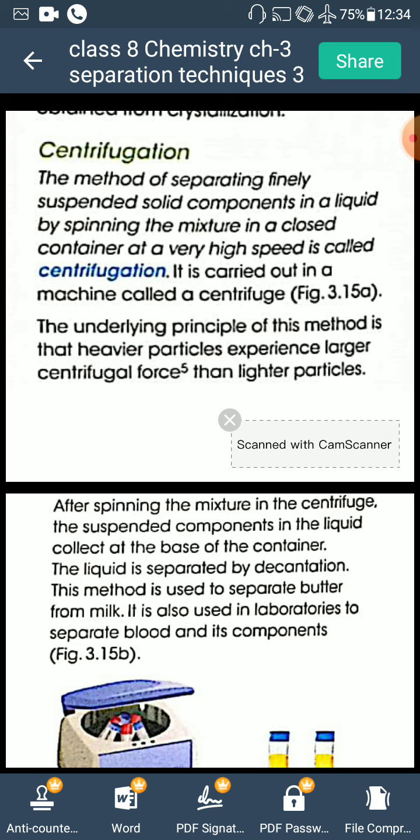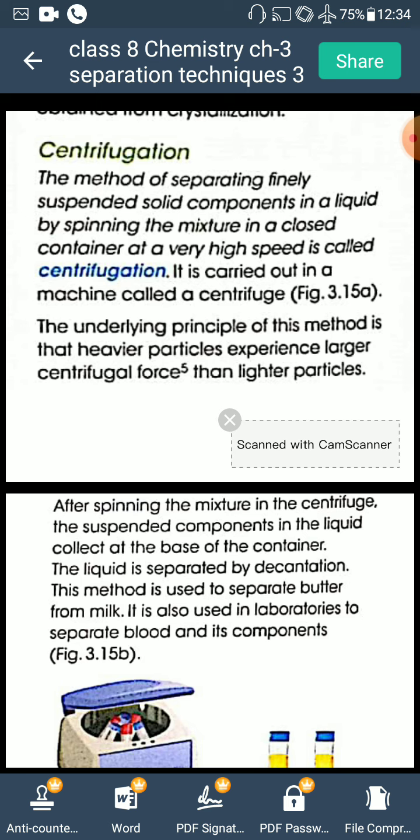The principle of this method is that the heavier particles experience larger centrifugal force than the lighter particles when you are spinning the mixture at a very high speed in a closed container.